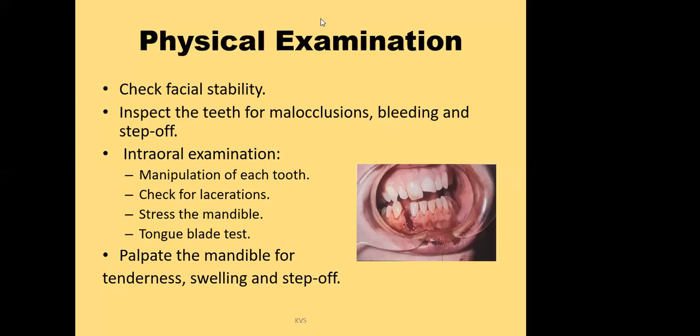No. There's no sign of infection on this guy. You can see that the mucosa is very normal, and those teeth look normal, except the upper central incisor, 2.1, I think, was fractured also in this accident. Other than that, this guy is more or less very normal in everything.